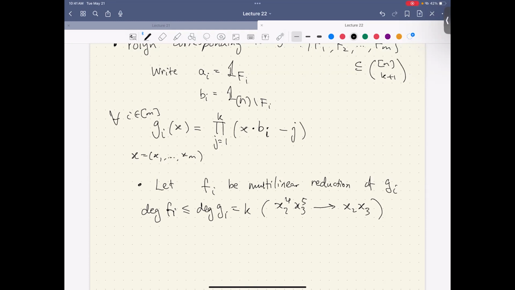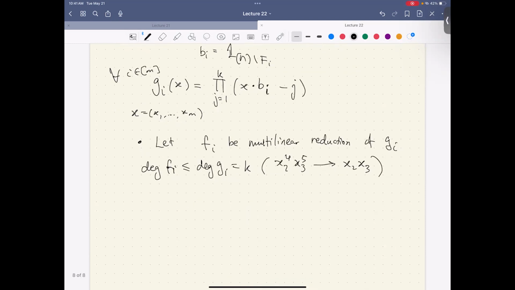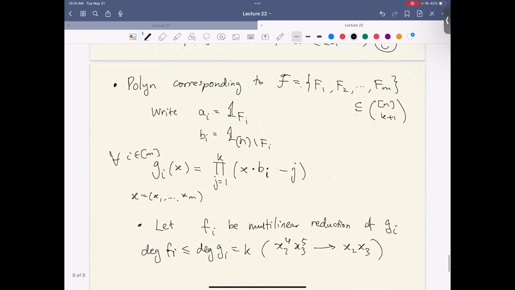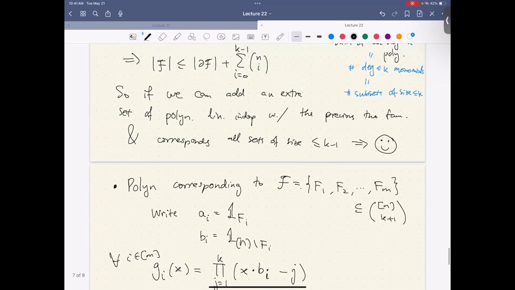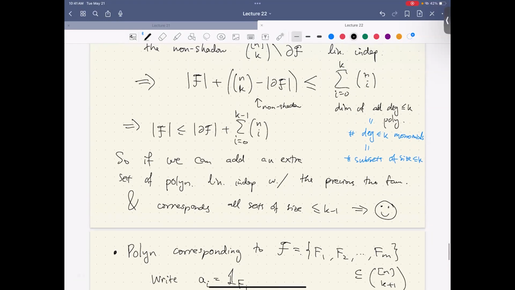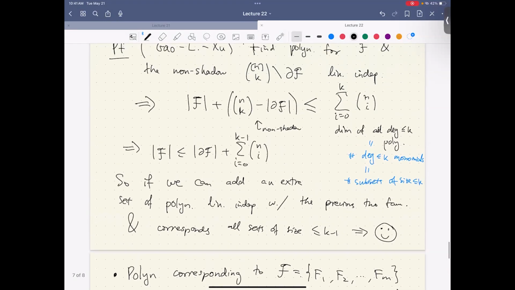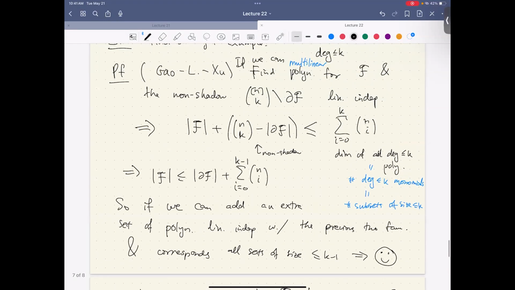All right. One thing to notice here is that, okay, let's notice later. That's the first family. Now the second family is those corresponding to the non-shadow, but let's introduce at the end.